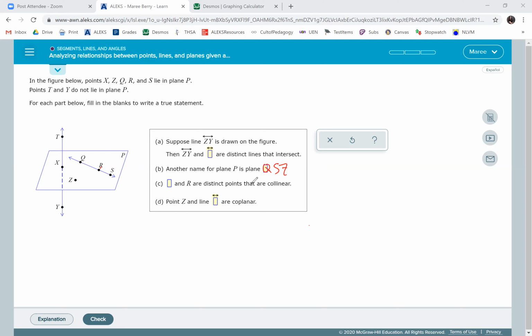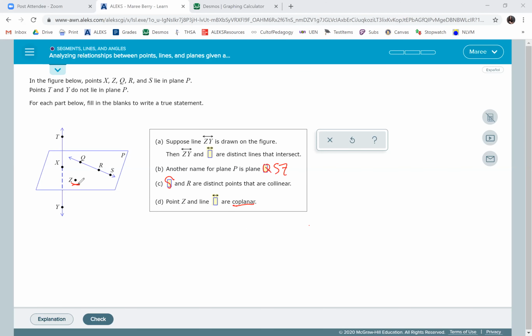I need distinct points that are collinear. So I look for R. It's right here. I need one more point that's on the same line as R. I'm just going to put S. Point Z and what line are coplanar?